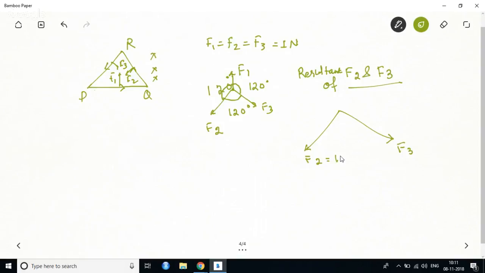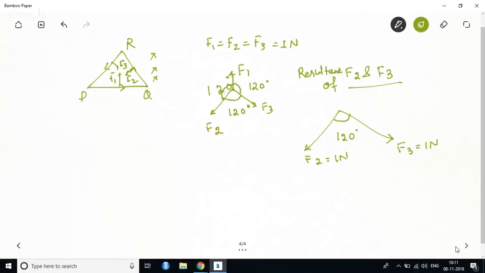So this is how much? 1 Newton. This is how much? 1 Newton. And this is 120 degrees. So try to understand. Okay, I'm explaining it once again, don't worry about it. Suppose, let me teach you vectors.